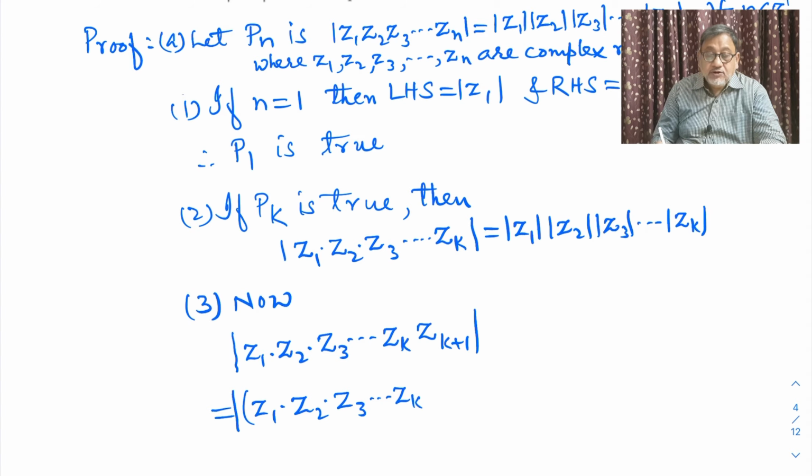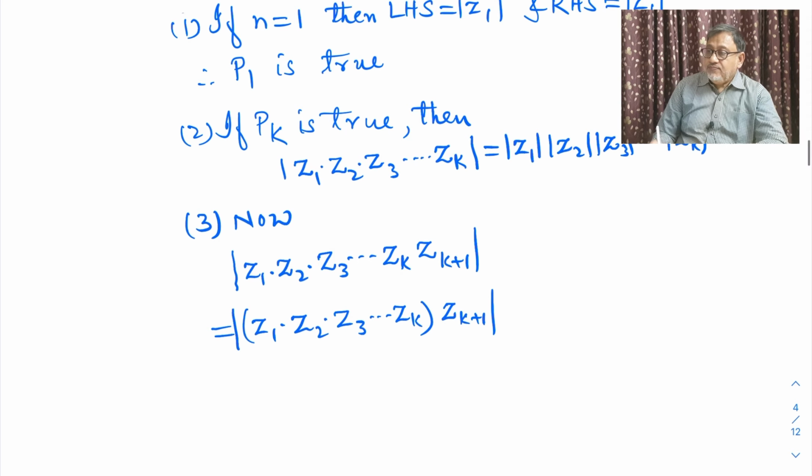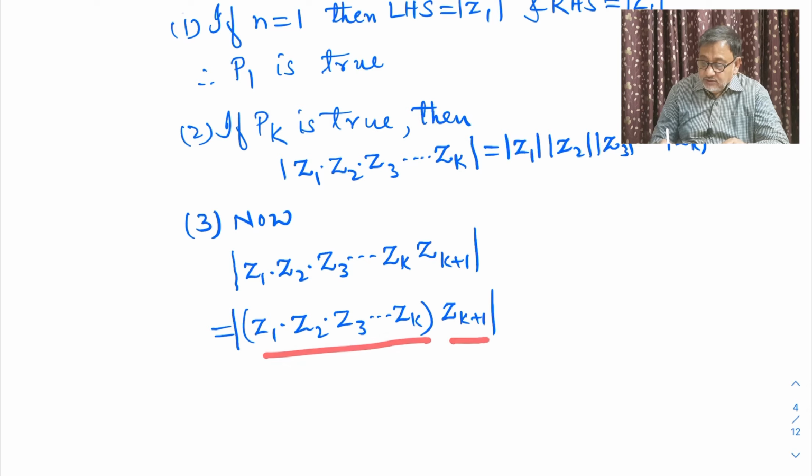Sorry, I am not taking the modulus, I am taking only z1 into z2 into z3 into zk, and zk plus 1 I am writing separate. So now we will treat this as one part and this as the second part.